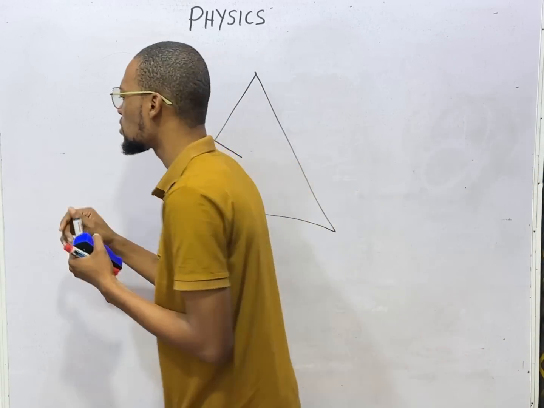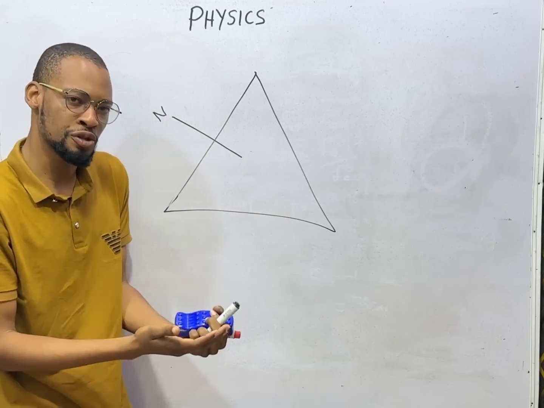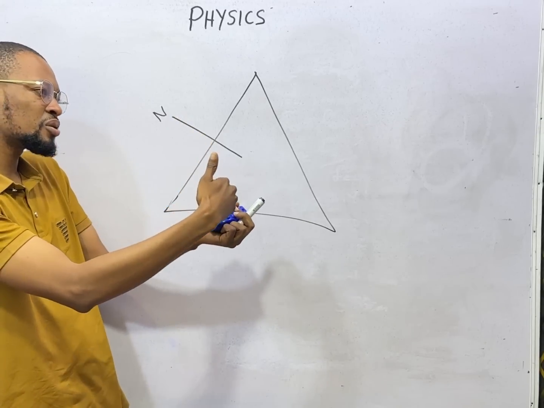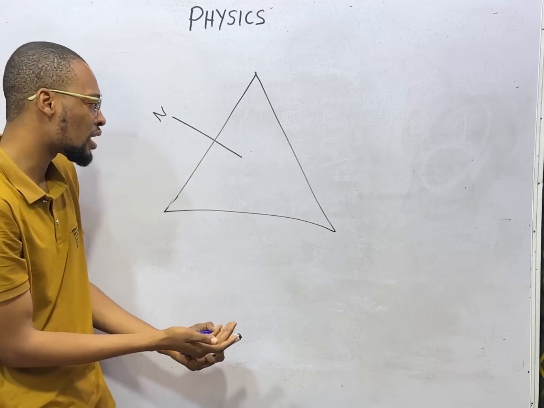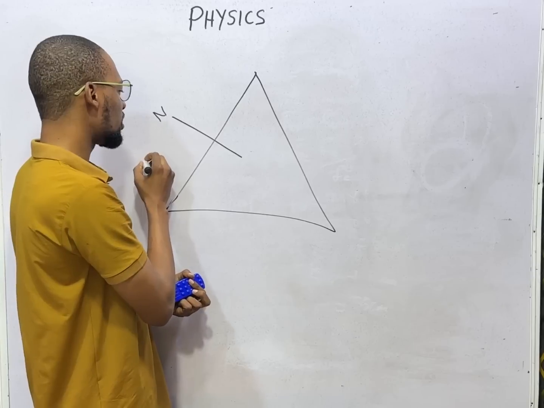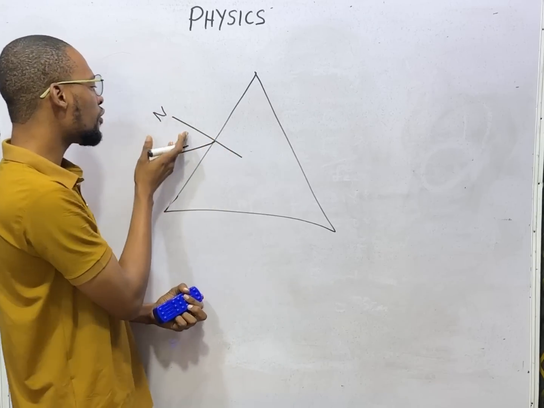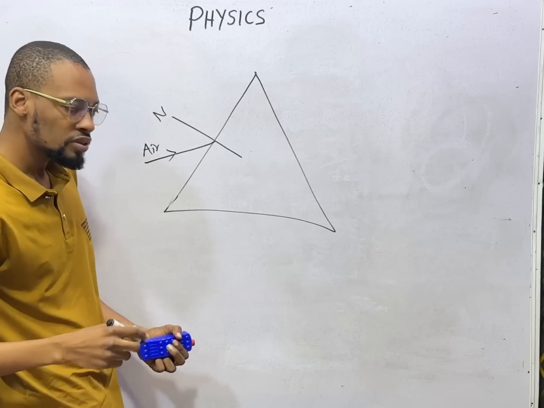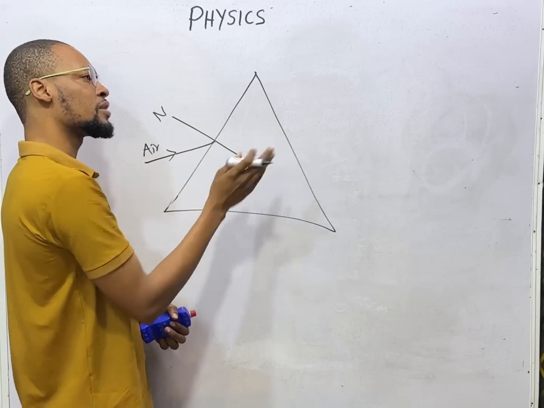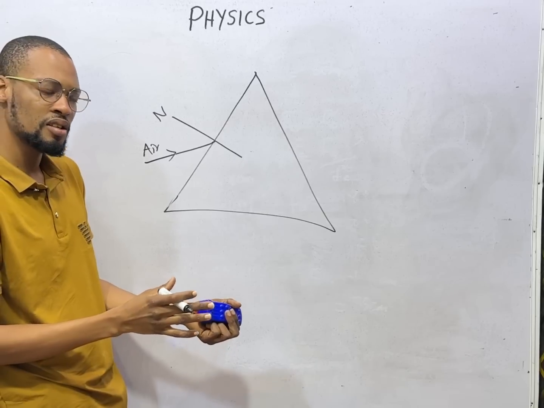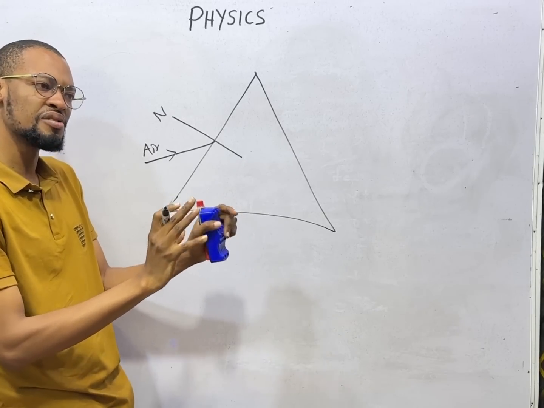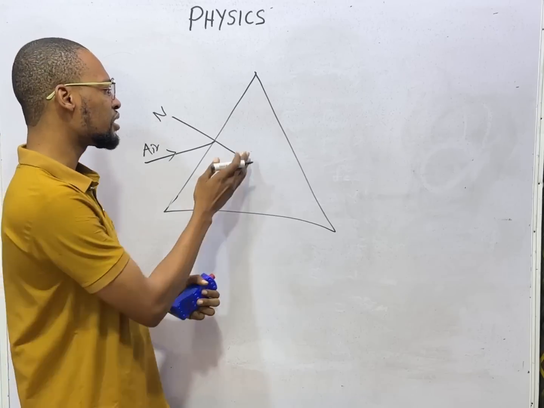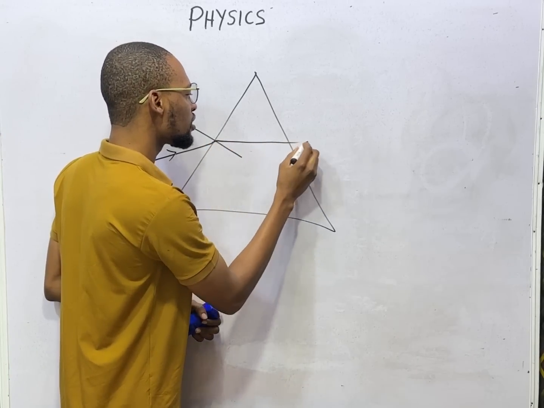Now we said that if light travels from a less dense to a denser medium, it tends to bend towards the normal. So if this is light coming this way, and this is air, once it enters the prism, because of the difference in speed of light in different mediums, which is the reason for refraction, it tends to bend towards the normal.